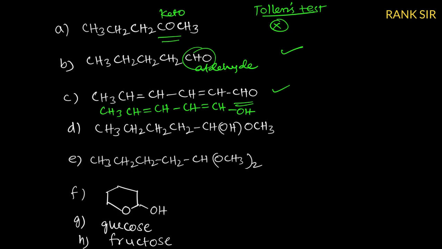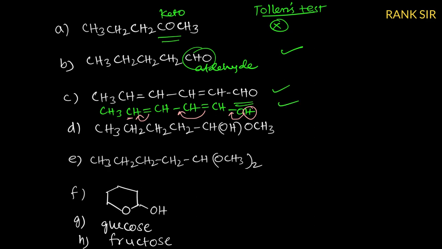The question is, this will be enolized. So this H comes to here, and it bonds to this carbon. Therefore, it converts into an aldehyde, and therefore it gives a positive test.